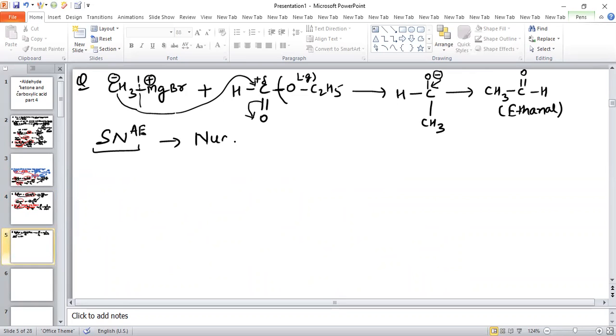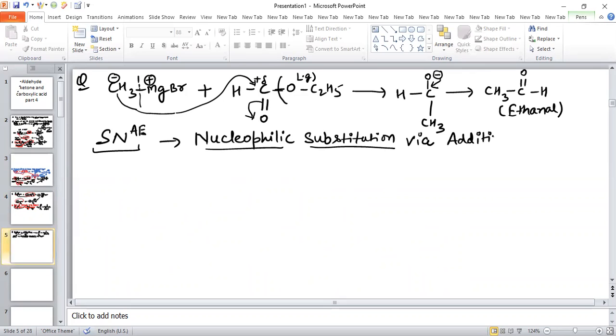The SNAE mechanism is basically nucleophilic substitution via addition and elimination.